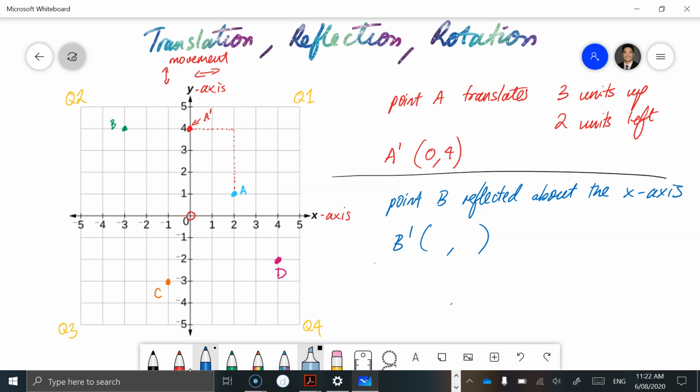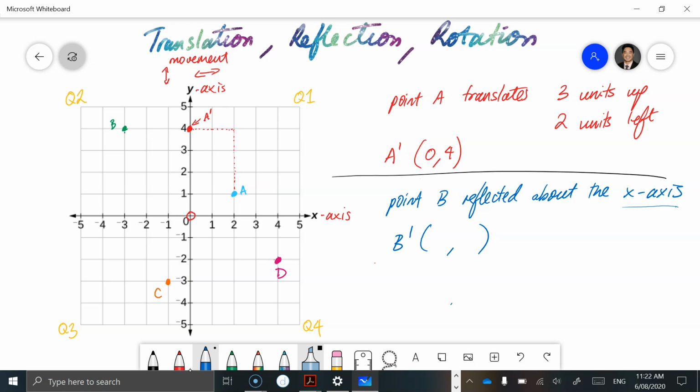I want you to treat the x-axis, the horizontal plane, as our mirror. If this was a mirror, where would it be reflected?